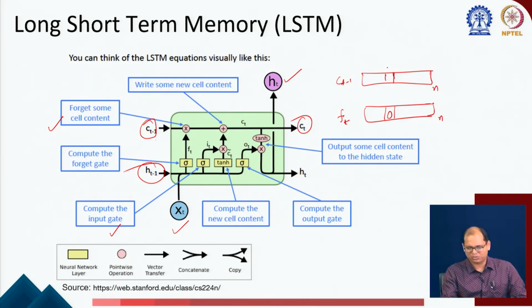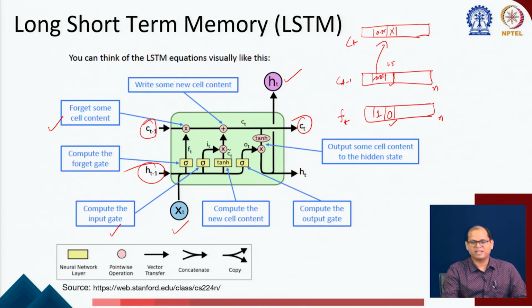Suppose I was storing 1.5 in this particular dimension, but if the forget gate is 0 at that point, I will forget that. But if it is 1, I will always retain this minus 0.25, it will go as it is to CT. So CT will retain this 0.25, but it will forget this 1.25 and it can write new information there.